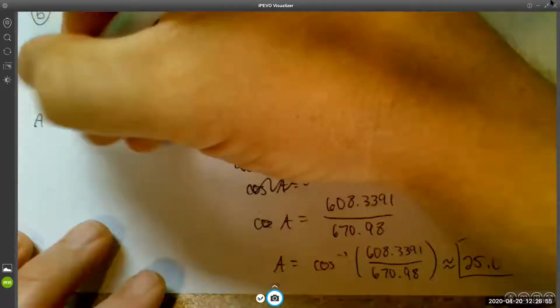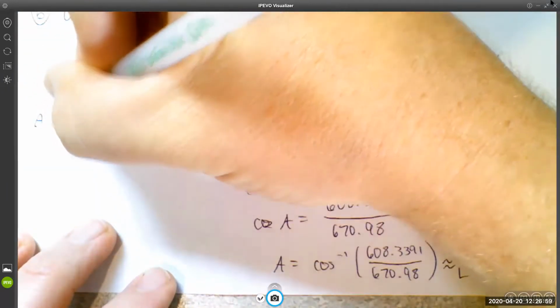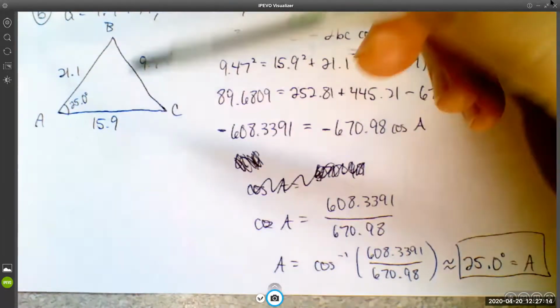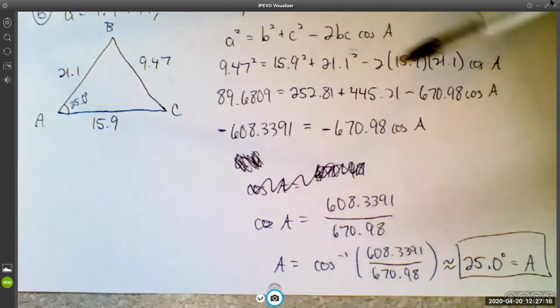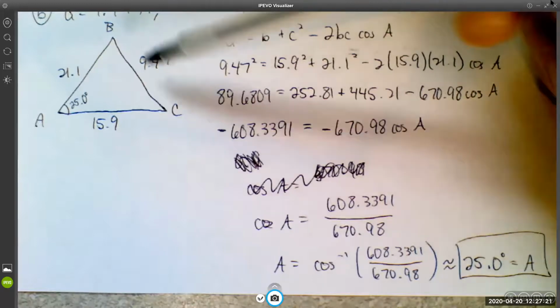Okay, so now I know that this angle right here is 25.0 degrees. At this point you have a couple of options to solve for the second angle. You can apply law of cosines again using one of the other versions.